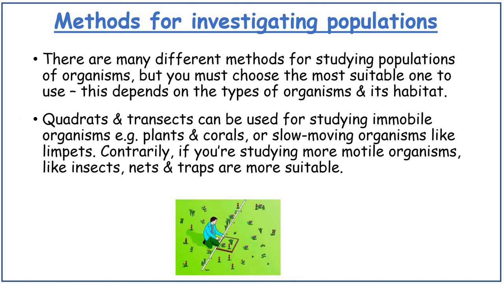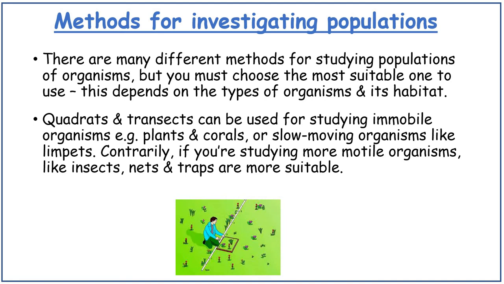So there are many different methods for studying populations of organisms, but you must choose the most suitable one to use. And this depends on the types of organisms and its habitats. So quadrats and transects can be used for studying immobile organisms like plants and corals, or slow-moving organisms like limpets.